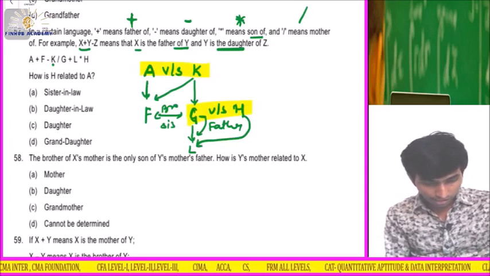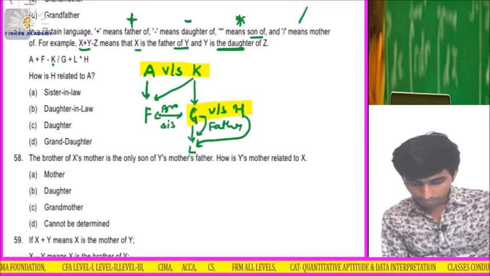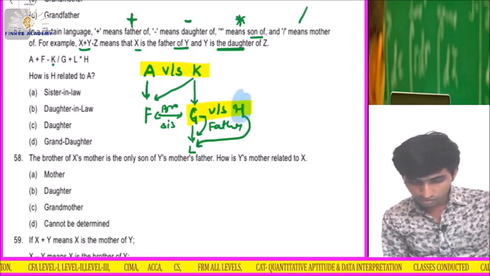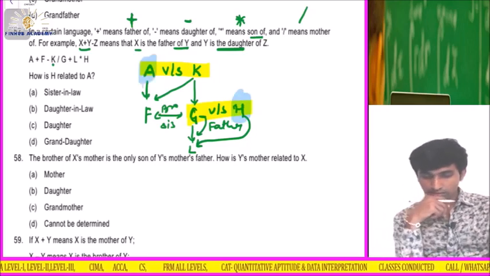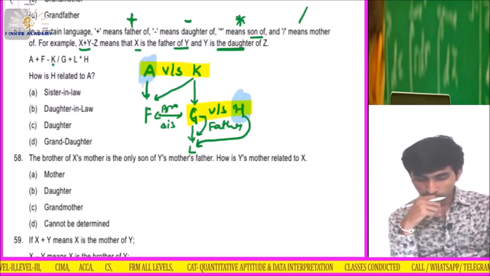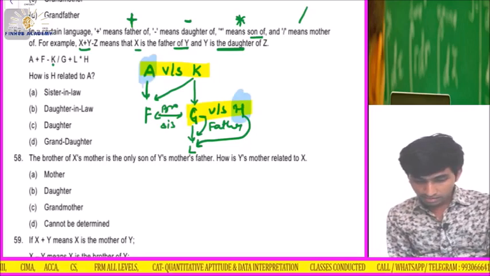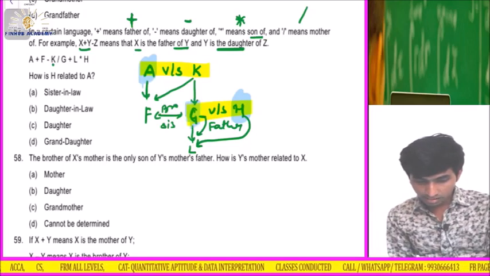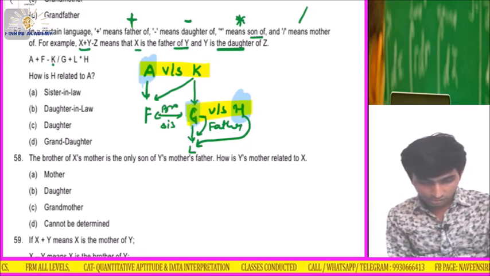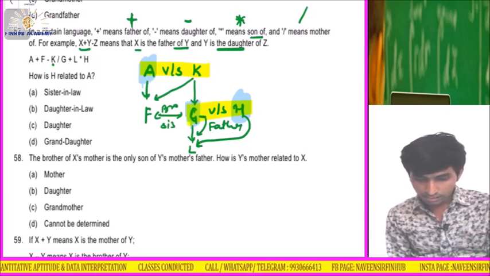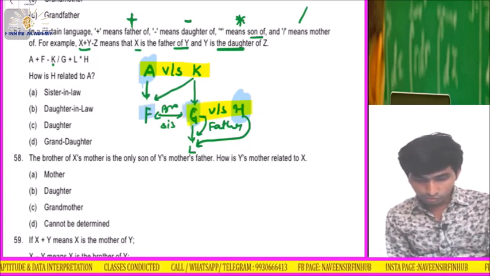Let's understand. How is H related to A? A is, let's say, a son. It was given. G is son. Plus G means, F and G are siblings. So H is what?